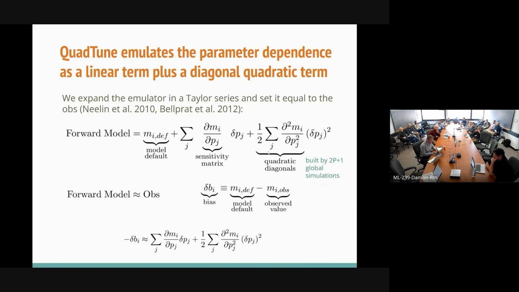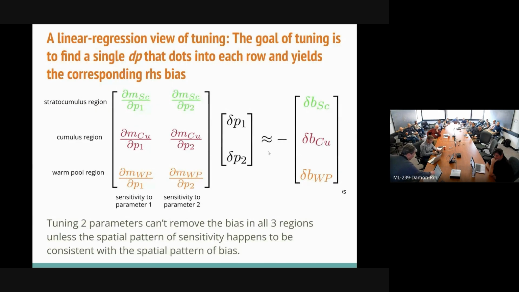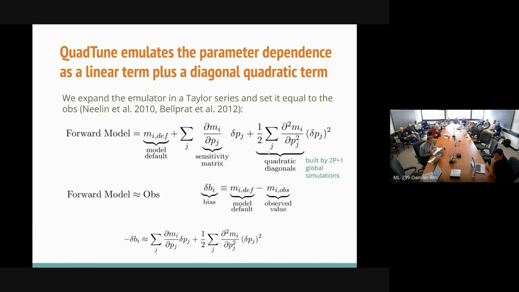What does our emulator look like? This is trying to emulate the global model's parameter dependence. We assume the global model has some biases, or some values of shortwave cloud forcing. We assume if we change the parameters and multiply by the sensitivity matrix, which is this thing right here, then it'll change the answer somewhat, but we also add this quadratic term.